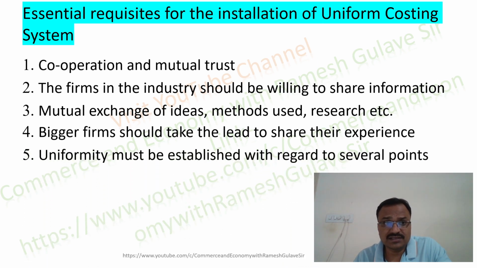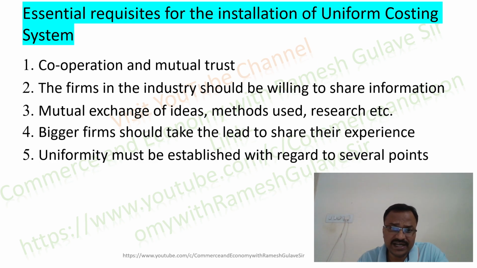The next requisite says uniformity must be established with regard to several points. There should be uniformity related to costing methods, techniques, and the accounting of overheads and their treatment, allocation of overheads, right? Then methods of issuing materials.